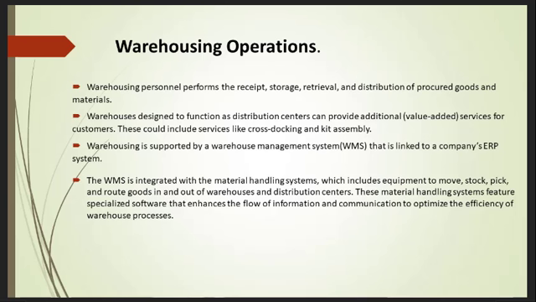Warehousing is supported by a Warehouse Management System (WMS) that is linked to a company's ERP system. The WMS is integrated with the materials handling system, which includes equipment to move, stock, pick, and route goods in and out of warehouses and distribution centers.